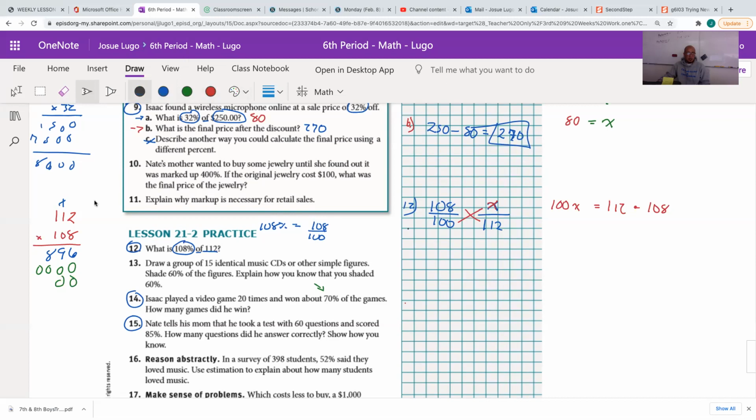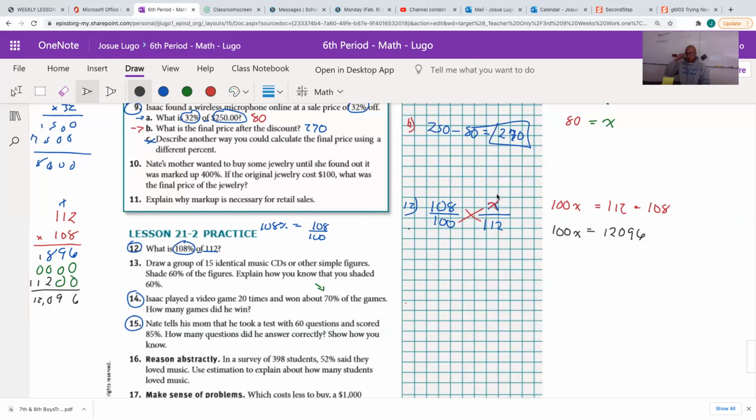And now 1 times 2 is 2. 1 times 1 is 1. 1 times 1 is 1. We add everything together and we get 12,096. So 100x will equal 12,096. Awesome.